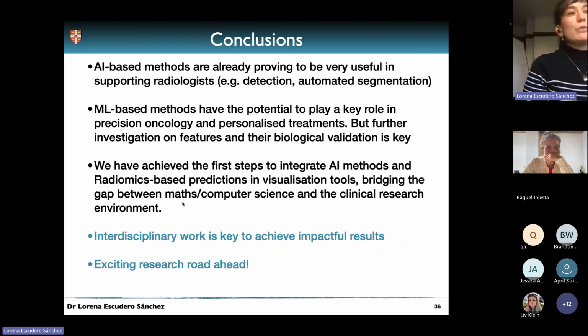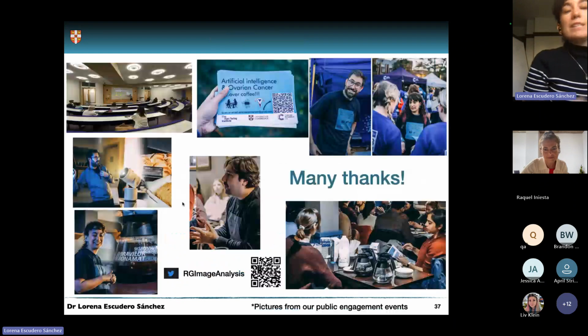We still have a lot of questions to work on, and I think interdisciplinary work is key to achieve all these impactful results, because we wouldn't be able to do, for example, the last example with the molds without the help of oncologists, radiologists, surgeons, and mathematicians, computer scientists, or data scientists like myself. So there's a lot of space to work on and a lot of really exciting problems to solve.